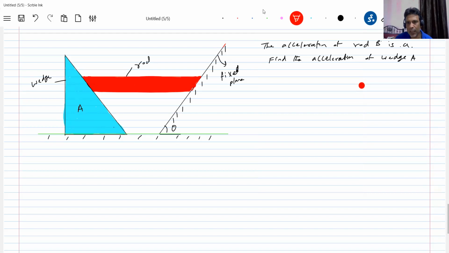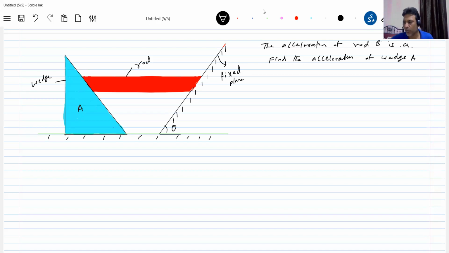Okay, there's a diagram. You have to fight with the diagram.